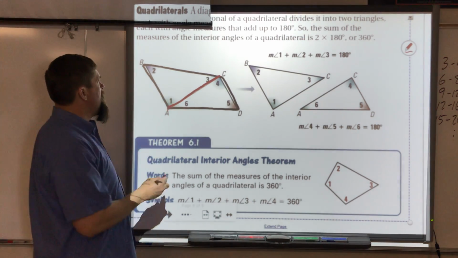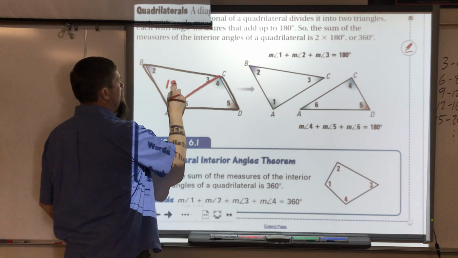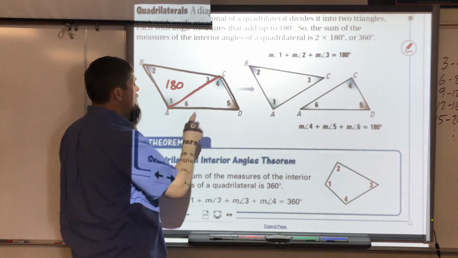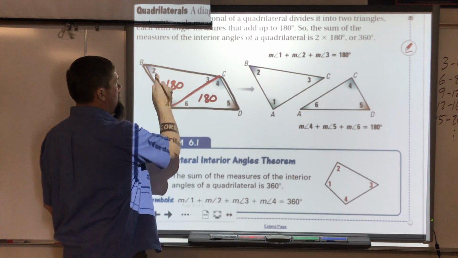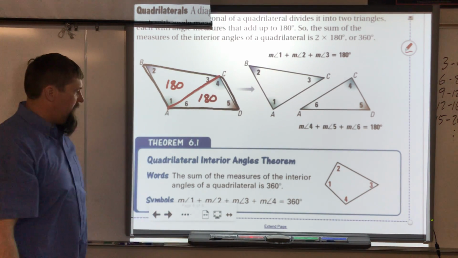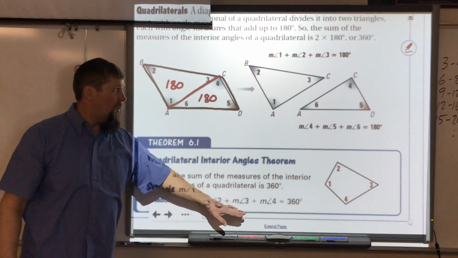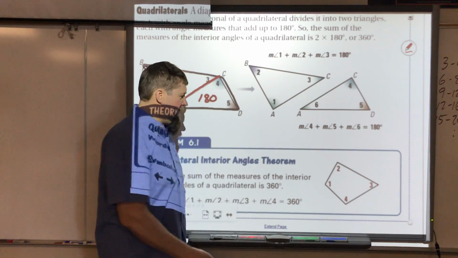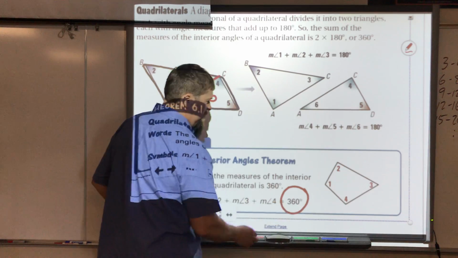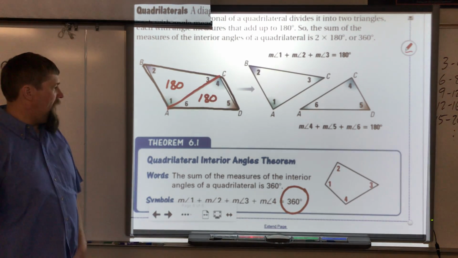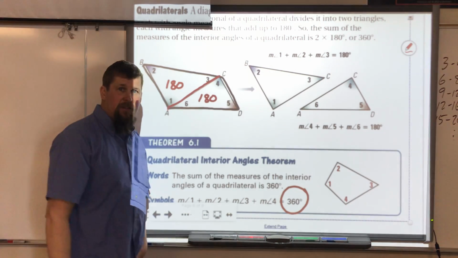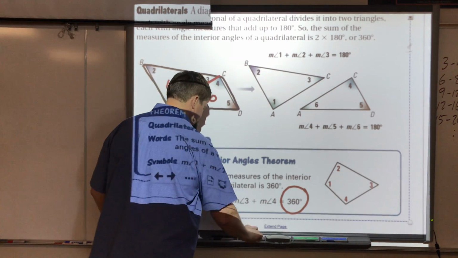Now the interior angles of each triangle add up to 180, remember? So if these 3 add up to 180 and these 3 add up to 180, then together all of the angles add up to 360. And so that's the interior angles theorem of a quadrilateral: all 4 angles add up to 360 degrees.